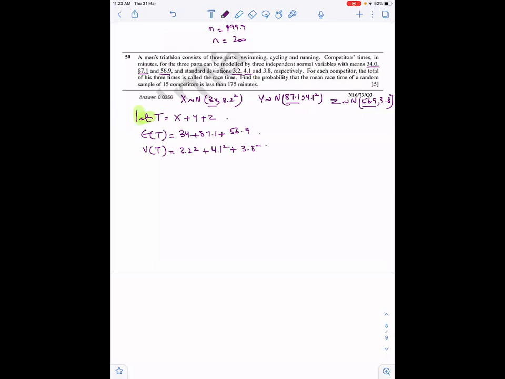So I'm getting 41.49. So T also has a normal distribution with mean, you will tell me, and variance 41.49. Mean is 99.6? No, it can't be. Sorry, one second, my bad. Okay, it's 178. 178, yeah.